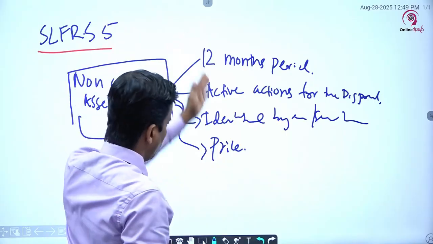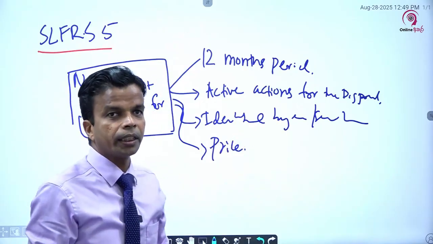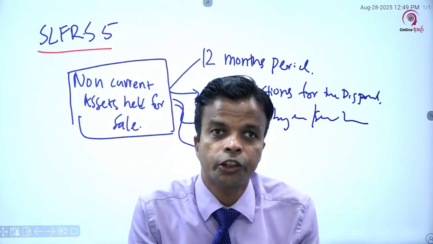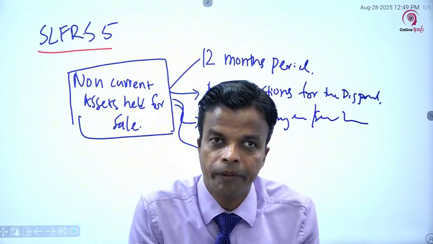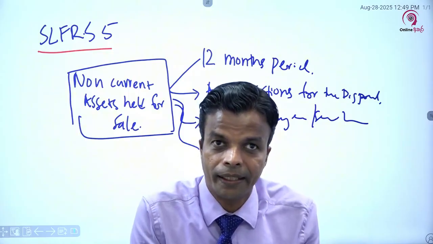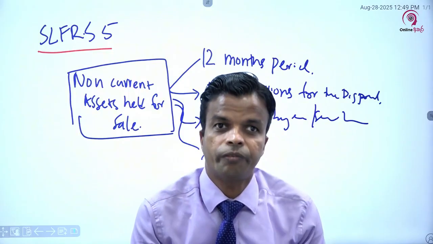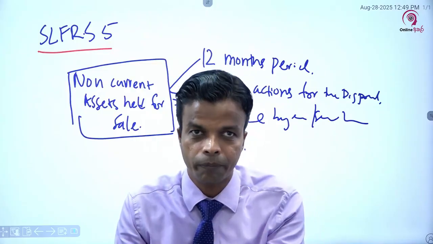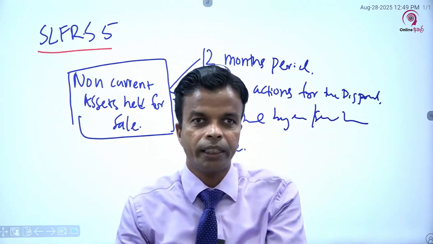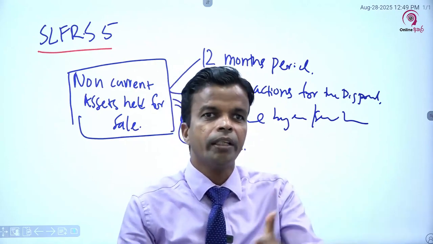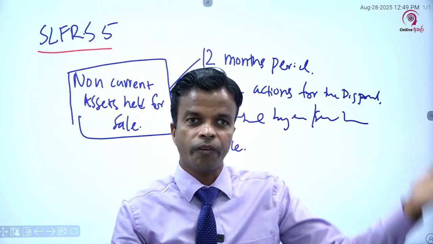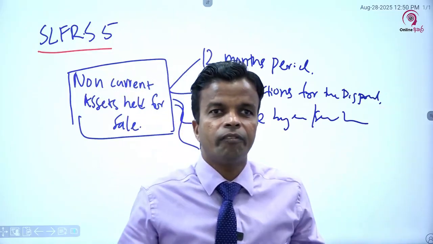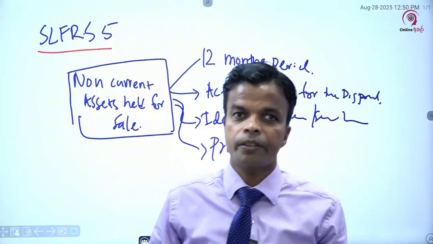Then only will you go for this classification. Meaning if it is 31st March 2025, if the board is discussing at the year end, before 31st March 2025, very important, this decision should be taken before the year end to make it non-current assets held for sale for your financial year. If it is taken after the financial year end, then that will not have an impact on your financial reporting.